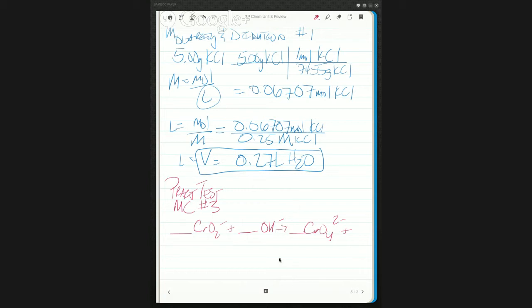Plus H2O plus electron. So this is the half reaction to balance.